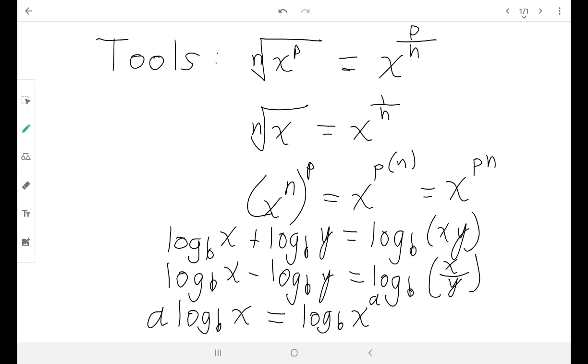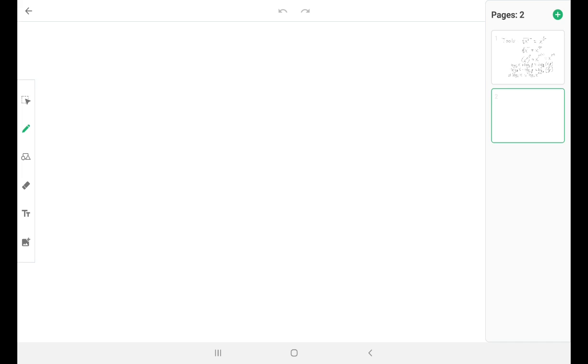So these are the basic tools that we're going to need. And the trick is that you're going to have to use them in combination. You're going to have to know when to use them, and you're going to have to know when not to use them. Okay, so let me take you through an example.